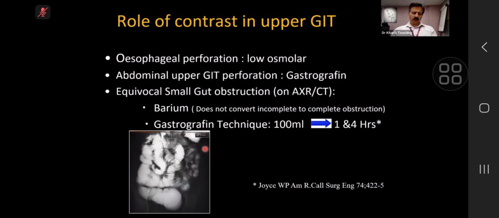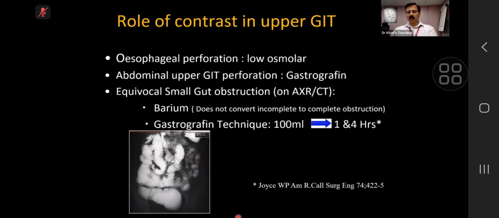My experience with Gastrografin is that if there is too much fluid in the bowel, the Gastrografin might become diluted, and then it is not all that effective to diagnose subacute obstruction. Barium, on the other hand, will not be diluted. Please also remember that there is no concept of barium converting an incomplete obstruction to a complete obstruction.